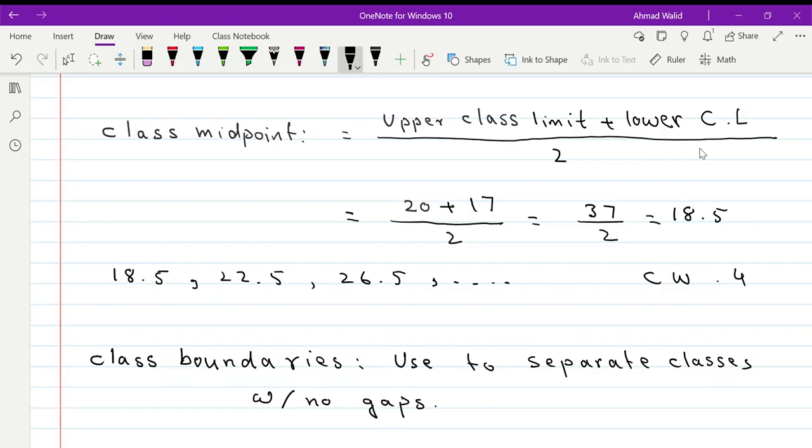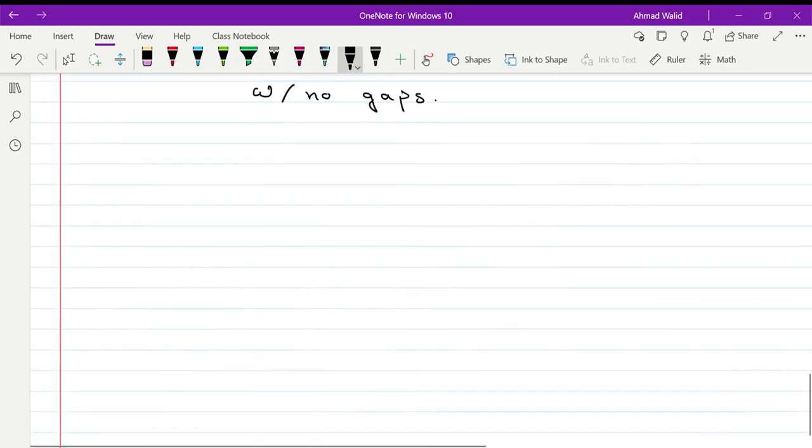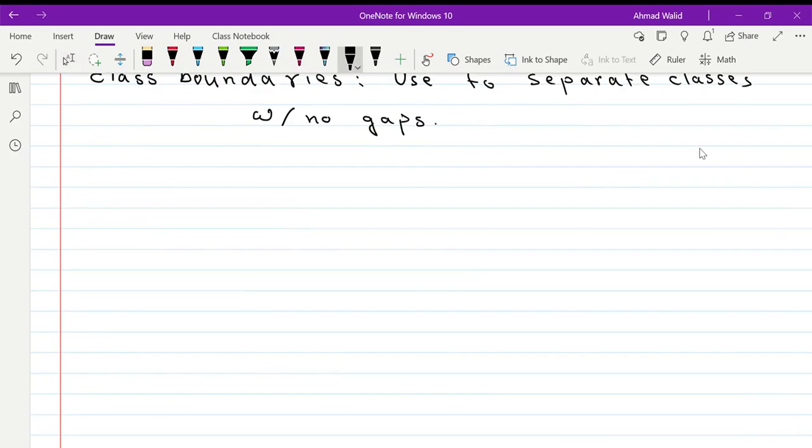When you separate your classes, there shouldn't be a gap between them. I'll explain why. When you try to draw your histogram, which is my next lecture, they are kind of bar columns. You don't want to see a gap between two bars. To avoid that, we are always looking for class boundaries.